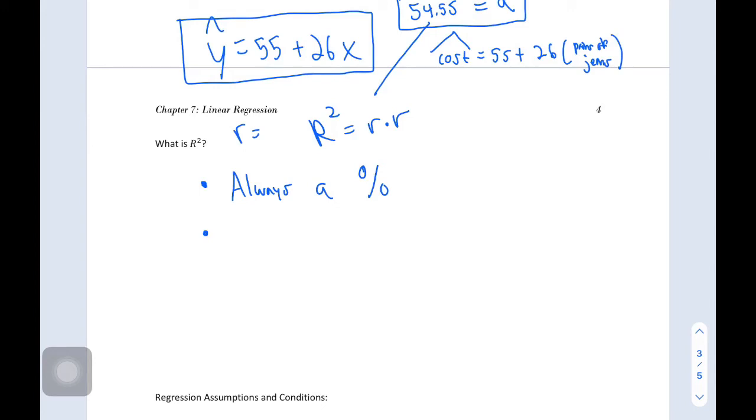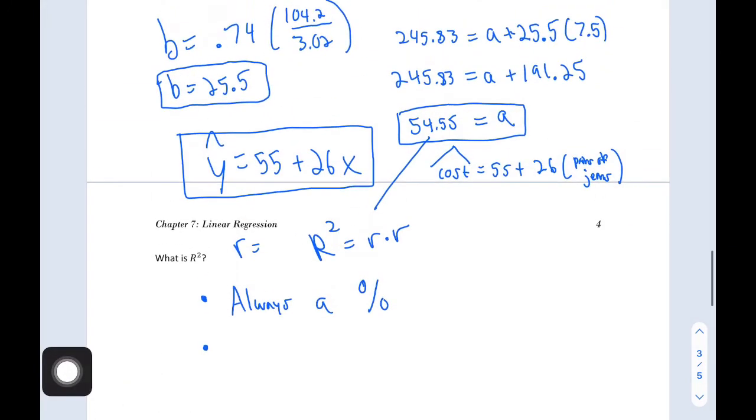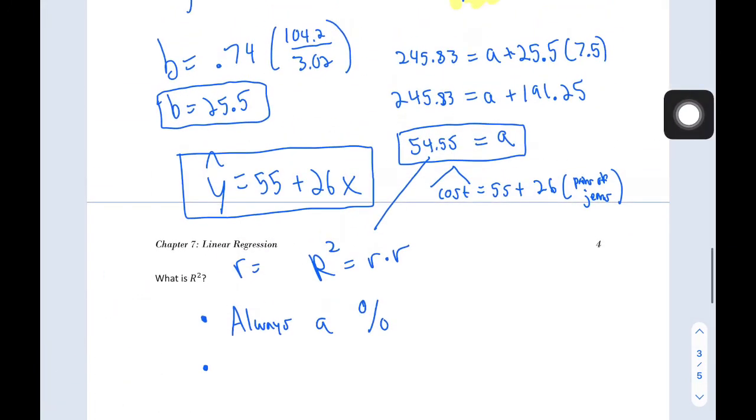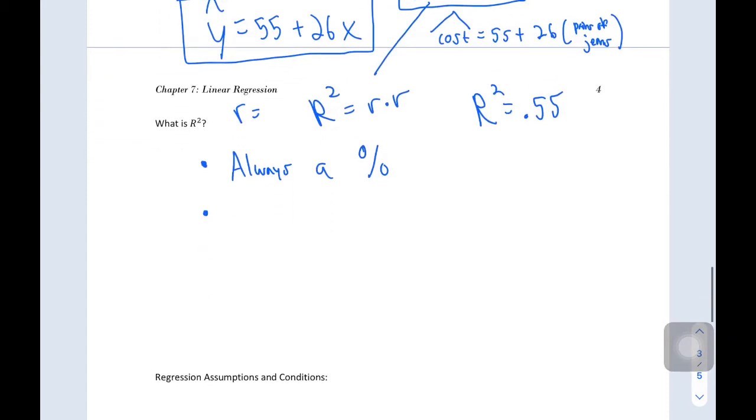And with r squared, guys, literally the only time I've seen it come up in AP stats, well, one of two times, is they ask you to take your r squared value and explain it. All right, so like for our scenario where we had, what was our r value? 0.74. If I did 0.74 times 0.74, get 0.55.